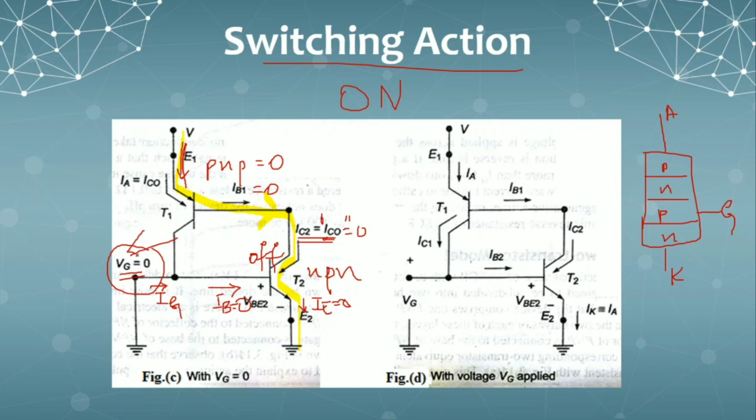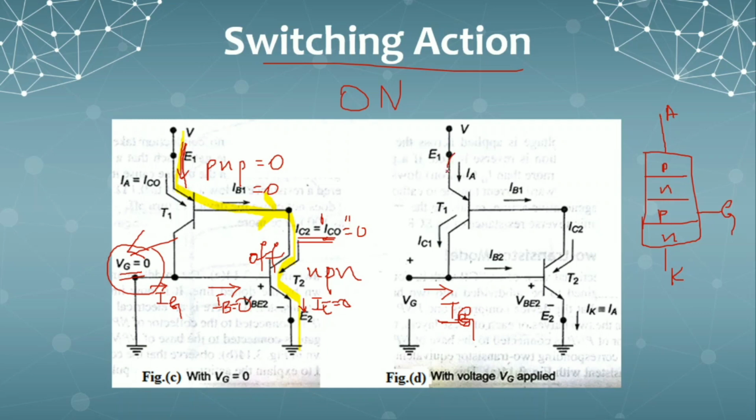As we increase the value of Vg, there is a certain gate current flowing here. This gate current will turn on the transistor. So, what happens here is you will have IB2 flowing and also IC2 flowing.